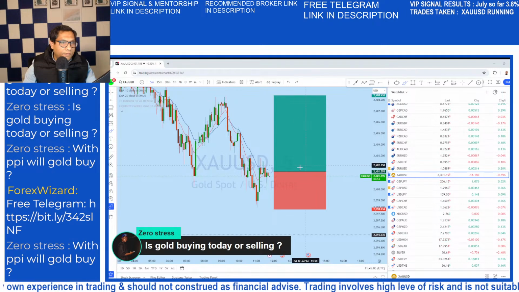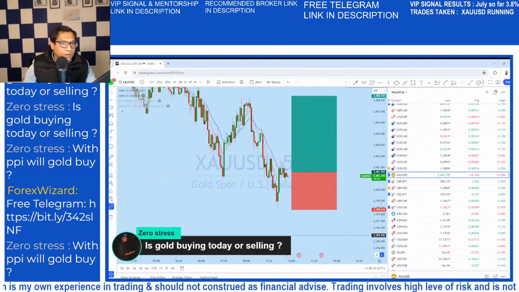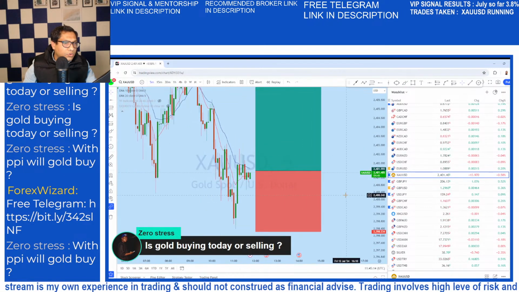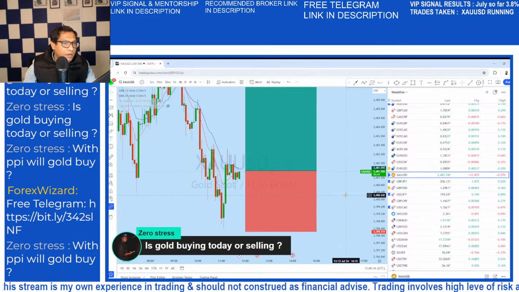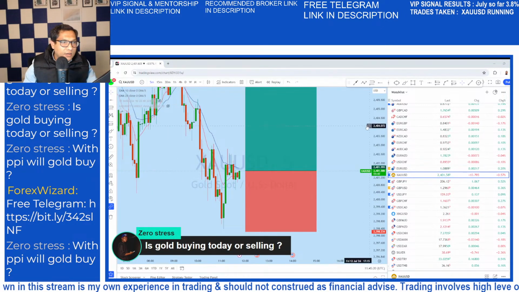Here is a gap opening, and then the market started to bounce from that gap, wanting to see that it's moving back to the upside.